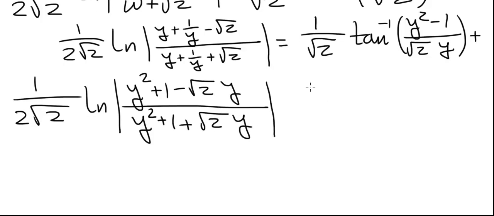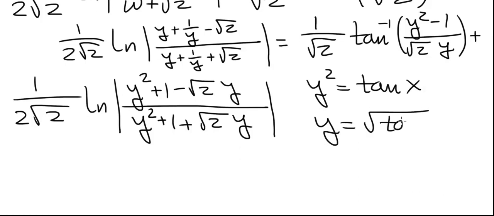And recall what y was. y squared was tangent of x. Therefore, y is equal to the square root of tangent of x.